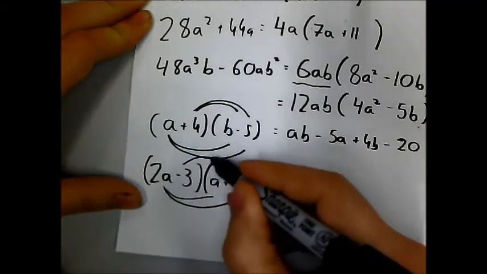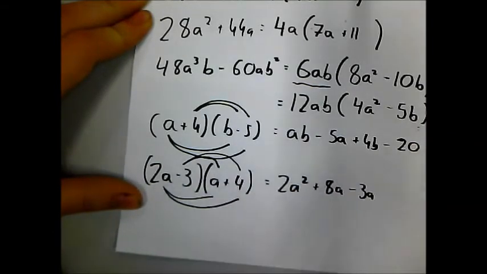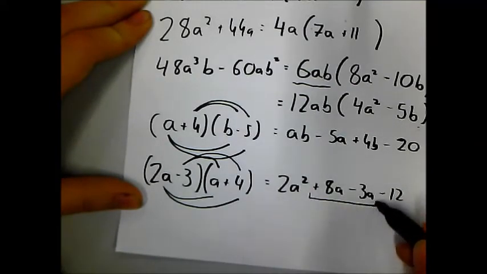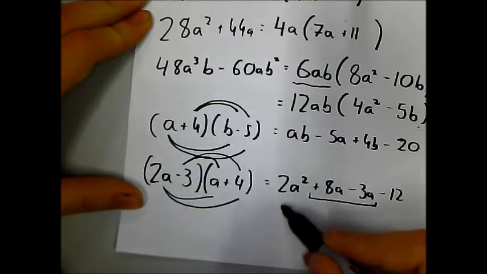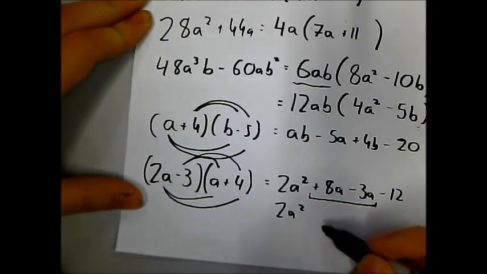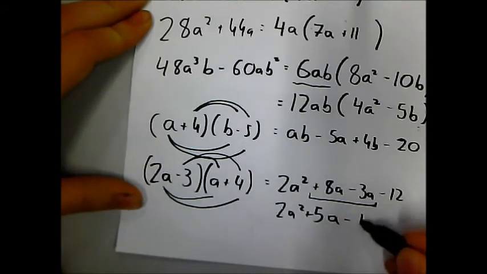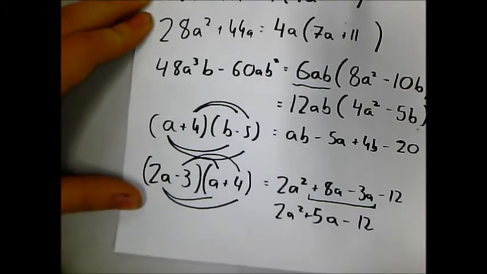Negative 3 times a is negative 3a, and negative 3 times 4 is negative 12. This bit here simplifies, so I've got 2a squared, 8a take away 3a is 5a, positive 5a, take away 12.